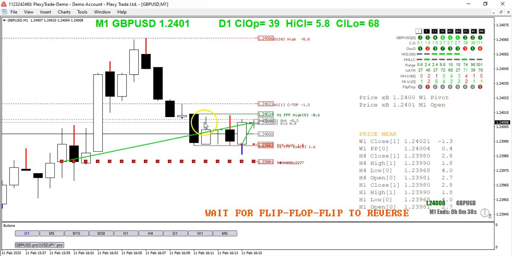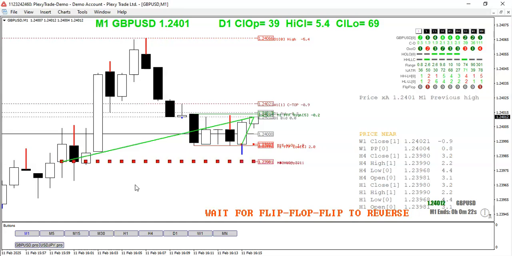Because that means price is now starting to range in an area, and it's probably going to want to break. And I don't want to get caught.